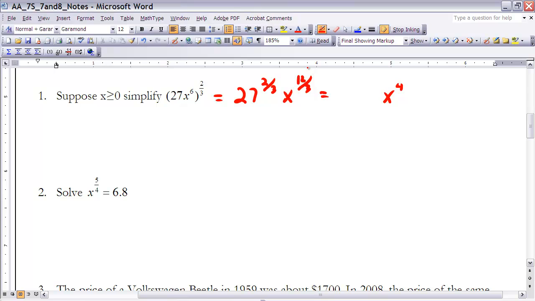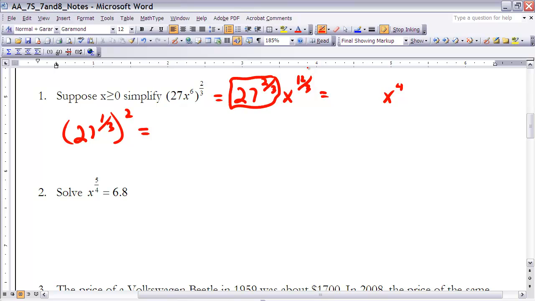Now I'm going to work on this 27 to the 2/3. Well, that's the same as saying 27 raised to the 1/3 power raised to the 2nd power. This means the third root. So 27 to the 1/3 power.